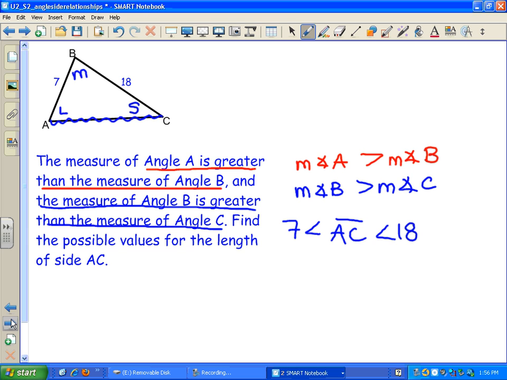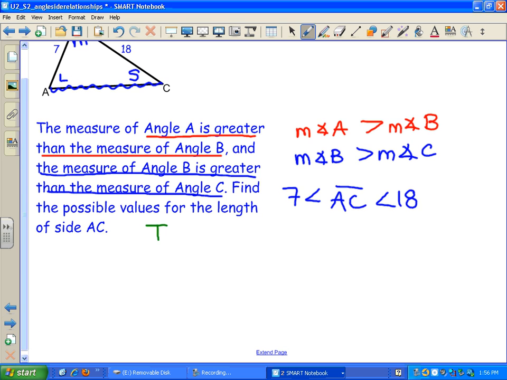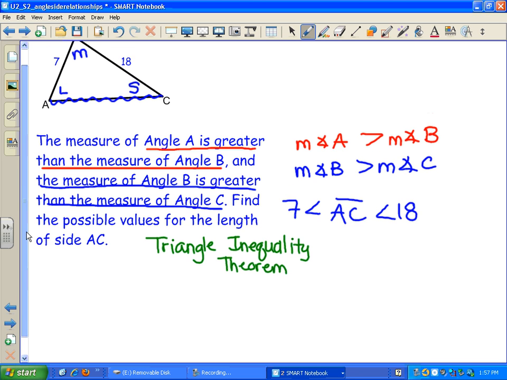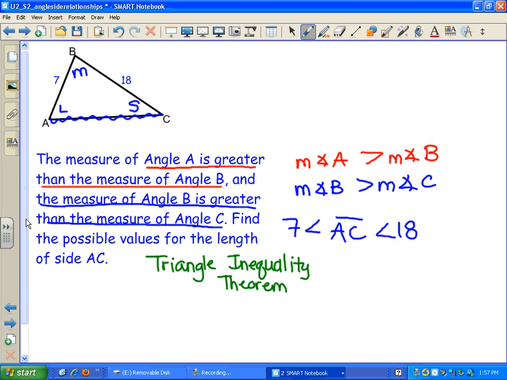When we're doing these, we also have to think about another inequality that we've learned called the triangle inequality. And remember, the triangle inequality theorem states that any two sides of a triangle, when added together, have to be greater than the third. So whatever AC is, when I add that to 7, that better be bigger than 18.